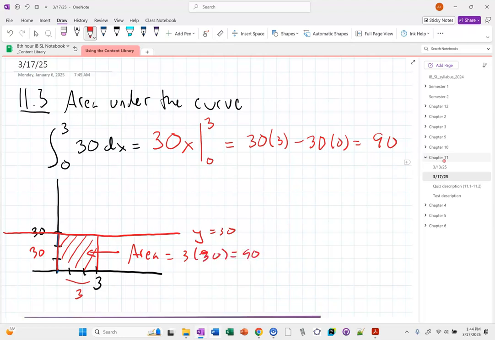So that's 90 also. It turns out that the definite integral and the area under the curve are equivalent. They're going to find the same thing. Okay? So that's the example.